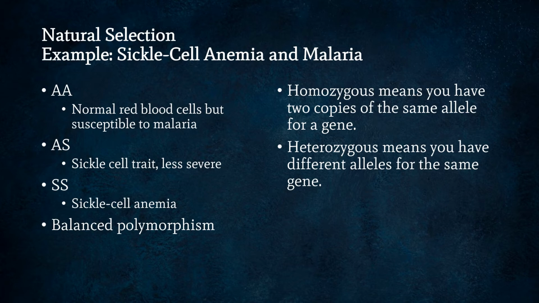With SS, you have two copies of the recessive gene, which is the mutated gene that causes sickle cell anemia. AS would be the heterozygous version of this gene, which means you have different alleles for that gene. And as you remember when we were talking about the sickle cell trait or sickle cell mutation, if you have one normal copy and one mutated copy, you are not afflicted with sickle cell anemia.